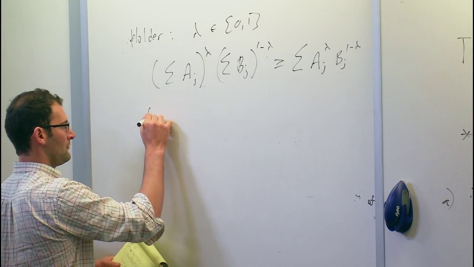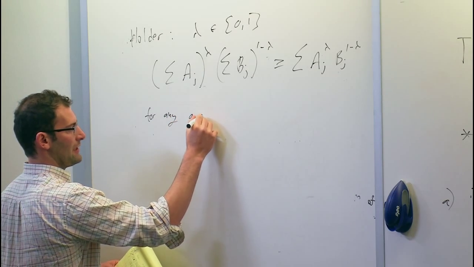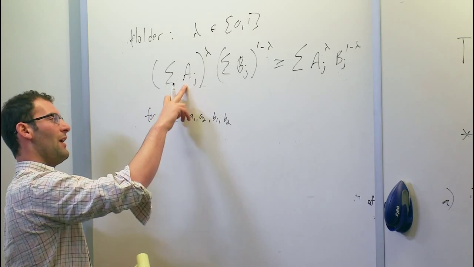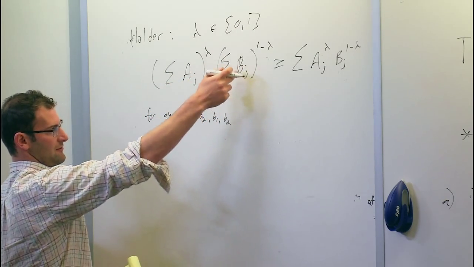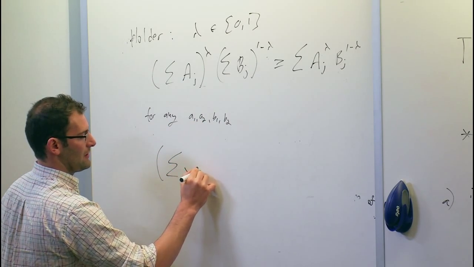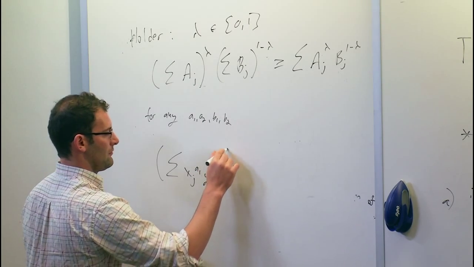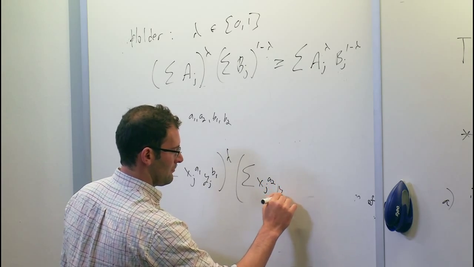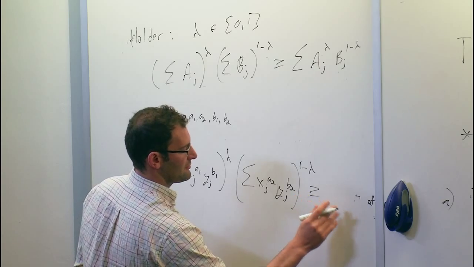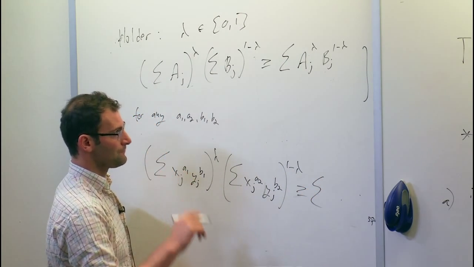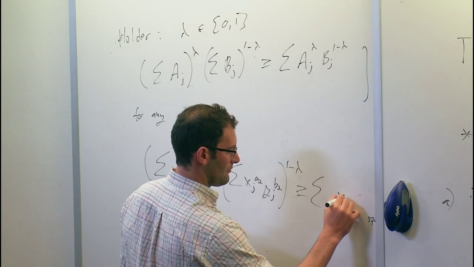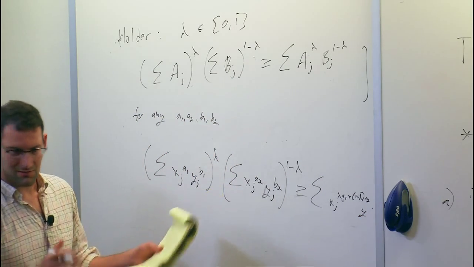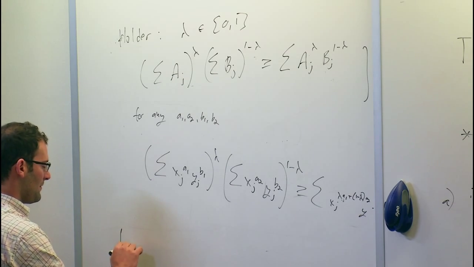This just means that for any, say, A1, A2, B1, B2, just plugging in x_j to the A1 times y_j to the B1 in here, and the corresponding thing here with the 2's, we just get the corresponding thing. Okay. So this is our Holder inequality.